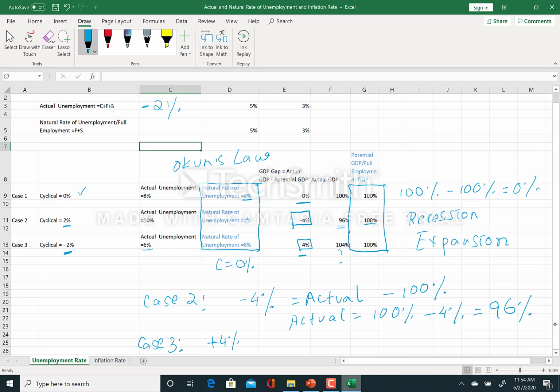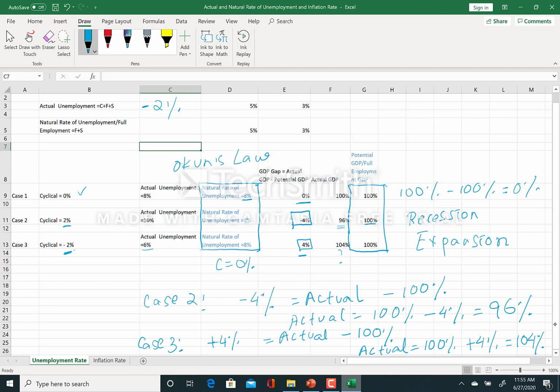Then I can write positive 4 is equal to actual minus 100%. 100% is the potential GDP. Now if I change sides here, actual becomes 100% plus 4%. This is equal to 104%.